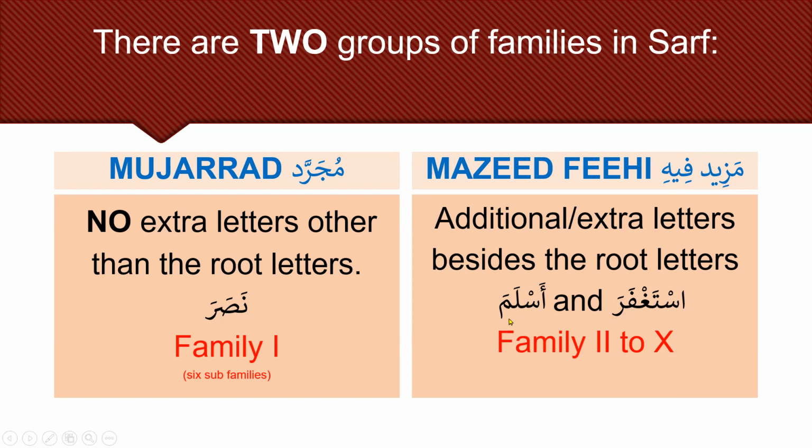Like here, the root letters are Lam and Meem, then this is an extra letter. So all the families that have extra letters in them will be in the group Mazid Fihi. That means additional or extra letters are added to the root letters. Okay, Alhamdulillah. So there are two groups, Mujarrad and Mazid Fihi.